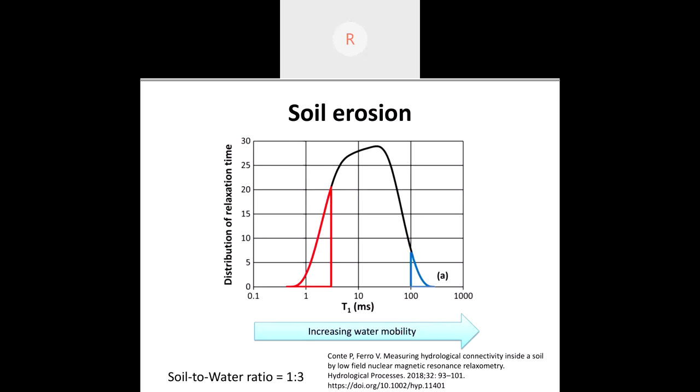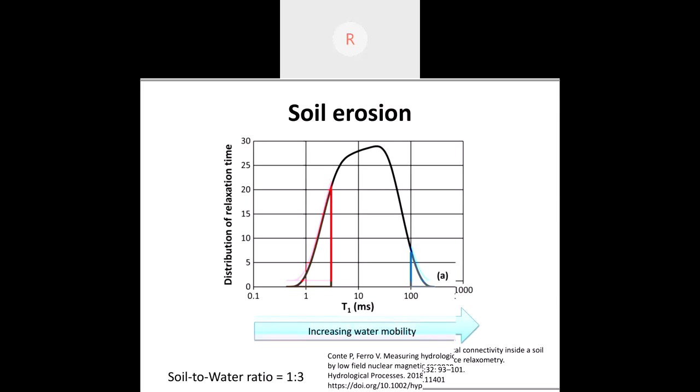And as you see, we see this very nice blob, where we can distinguish different types of water: those that are very strongly bound to the soil surface, and those water molecules that are freely moving.